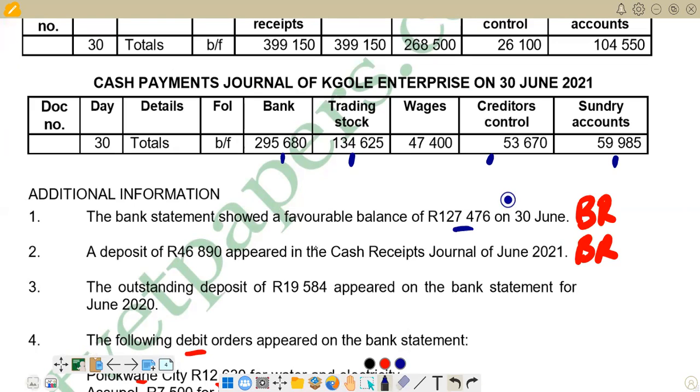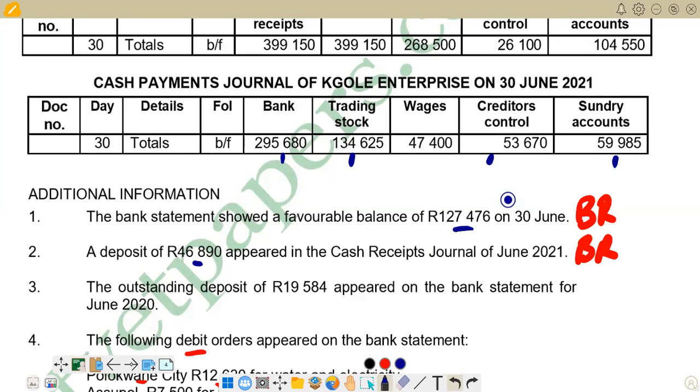Then it's not going to be simple for us because, as we have already indicated, when bank reconciliation is being affected, we are writing bank reconciliation. That's very important. We've got a deposit of 46,890, which appeared on the cash receipt journal of June 2021. So it means this deposit is not there on the bank statement. We have to enter it. So this is just an outstanding deposit.